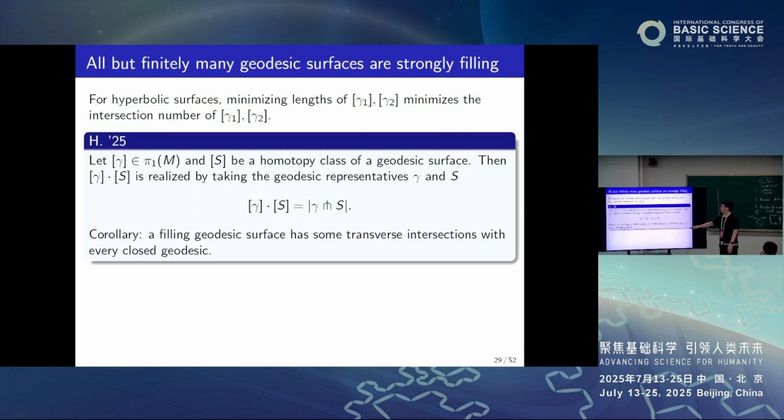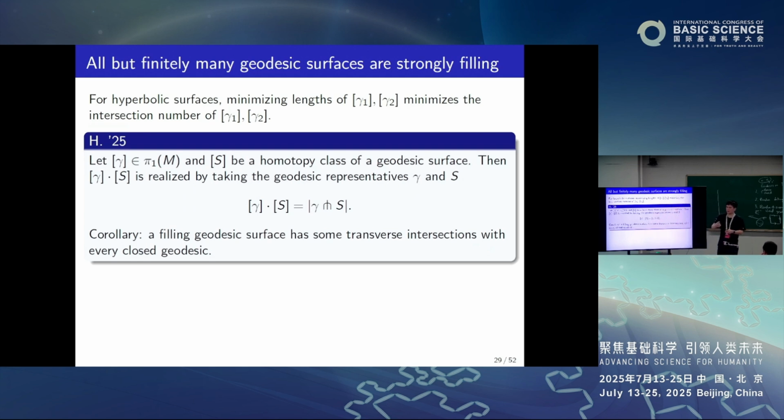So as a corollary, if my geodesic surface is fitting, it actually transversally intersects every closed geodesic, just like the torus case. Why is that? Because my fitting geodesic surface is going to cut my manifold into components that are contractible, okay, like balls. And then take any geodesic. Okay? You cannot have a geodesic that's supported inside a ball, right? Because a ball has no topology. A ball is contractible. But my closed geodesic is not contractible.